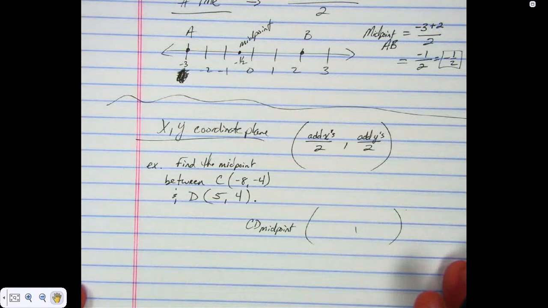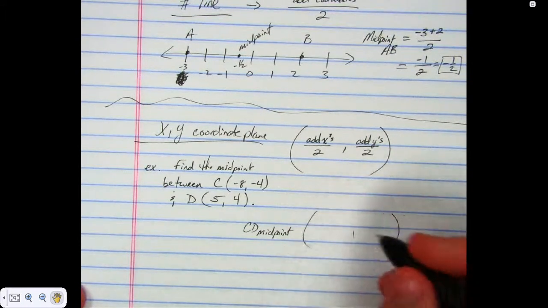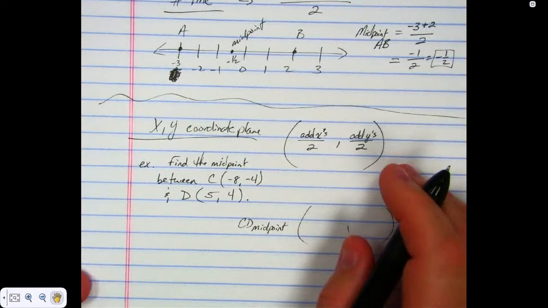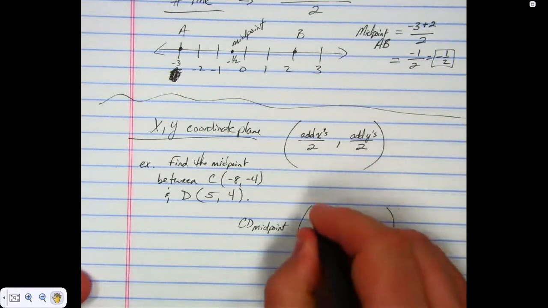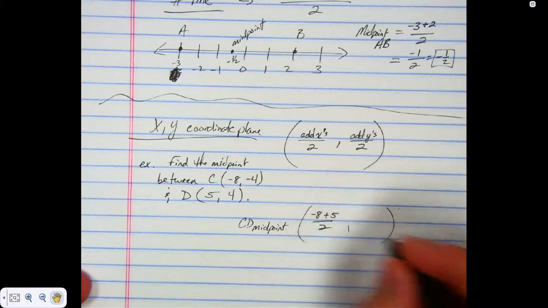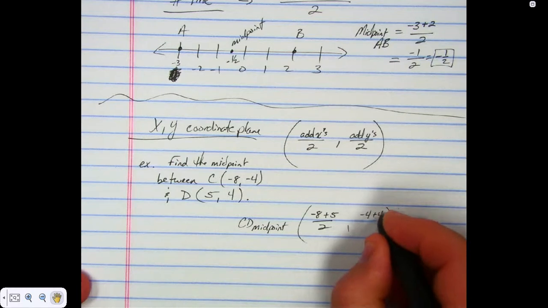So what am I going to have to do? Stop writing, I'll let you write it down after we're done. I'll zoom out and you can write it down. What are my two X's? Negative 8 and 5. Negative 8 plus positive 5 over 2. That's where the X coordinate will be. Where are my Y's? It's negative 4 plus 4 over 2.